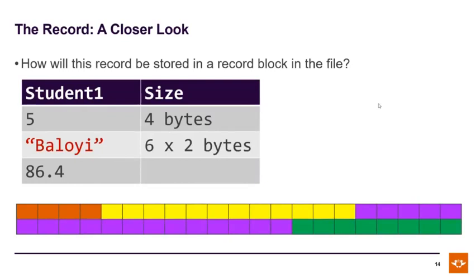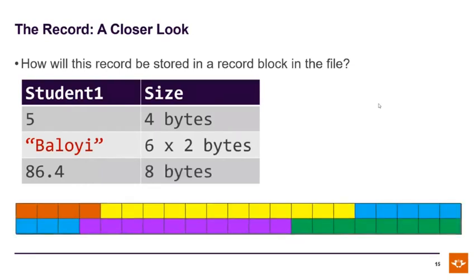Baloy is 12 bytes essentially, because you've got 6 characters and each consumes 2 bytes. And then you've got your double value, which will consume 8 bytes. So you've got your 4 bytes for your integer value, and you've got your 8 bytes for your decimal value.